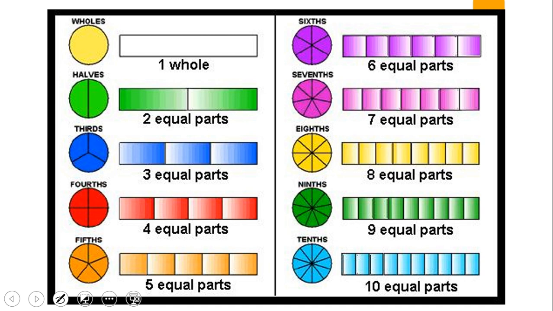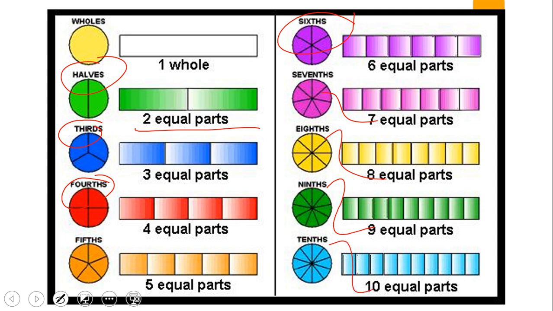The other thing you need to know is what those equal parts are called. So remember that when you have 2 equal parts, it is a half. 3 equal parts is a third. 4 equal parts is a fourth. 5 equal parts, fifth. 6 equal parts, sixth. 7th is 7 equal parts. 8th is 8 equal parts. 9th is 9 equal parts, and 10th is 10 equal parts.